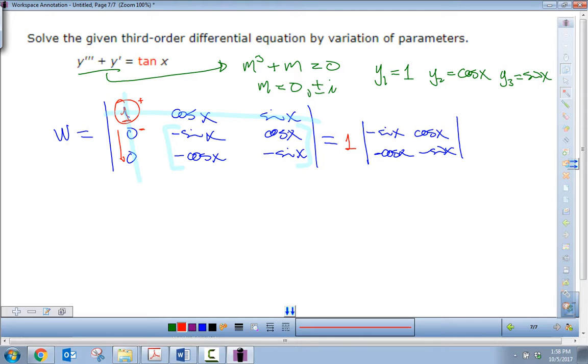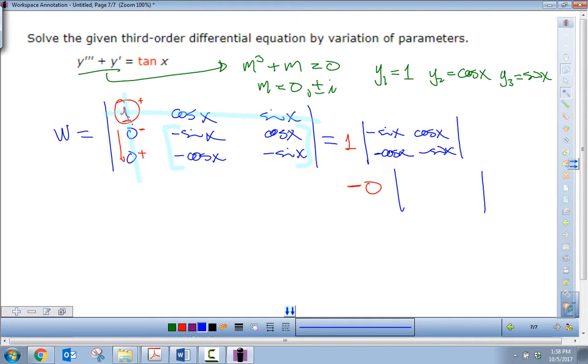So this first one's going to have a plus, the second one's going to have a negative, the third one's going to have a plus. You change the sign, and then you're going to subtract 0 times the determinant of the submatrix after you cross out the row and column in which that belongs.